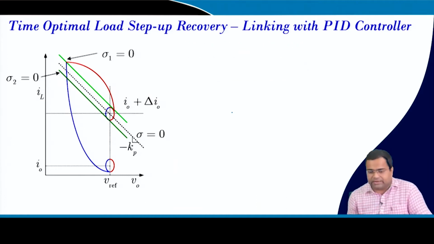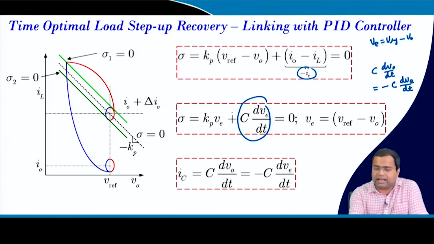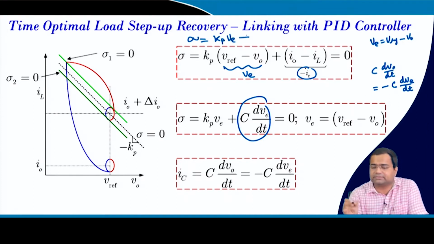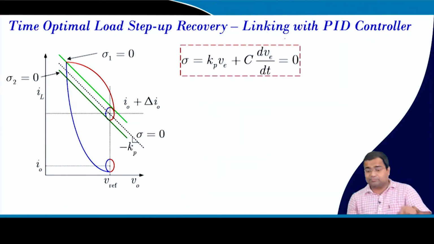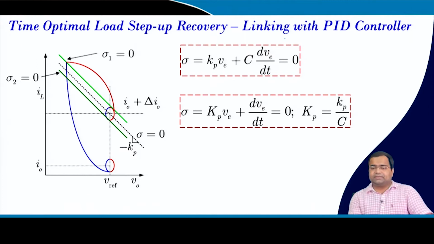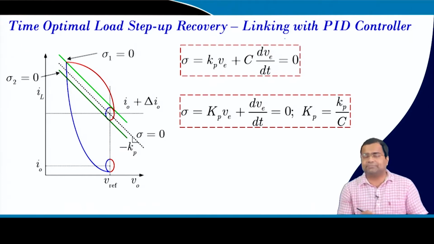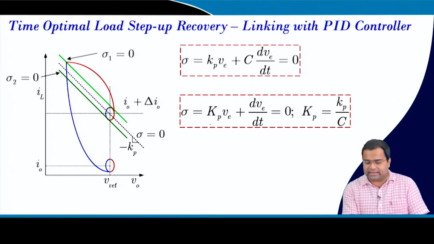Now, the sigma will be replaced by Kp into the error voltage plus, because this whole term is minus of C into dVe dt, C into dVe dt. If we normalize, dividing by C, we get small kp by C, which we take as capital Kp.